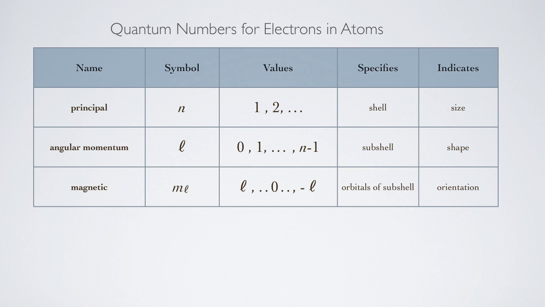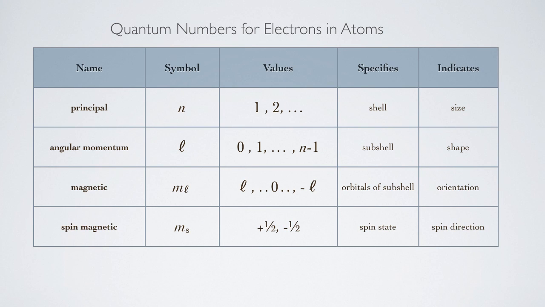The allowed values are integers ranging from L down through 0 to minus L. So if L was equal to 2, the possible values would be 2, 1, 0, minus 1, and minus 2, and there are 5 possible values. So these are the orbitals of a subshell. For example, L equal to 2 is the d subshell, and there are 5 orbitals within that subshell. And we can think of, in a hand-wavy way, the magnetic quantum number telling us about orientation.